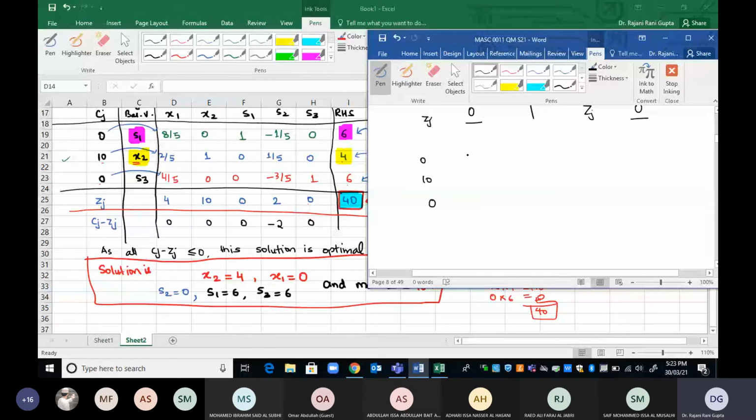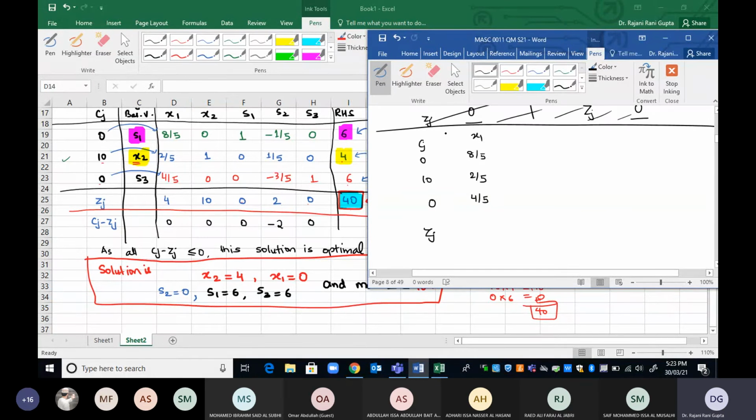Now when I am calculating ZJ, what I said is we have to multiply these two, multiply these two, multiply these two, and add the answer. That gives you ZJ.